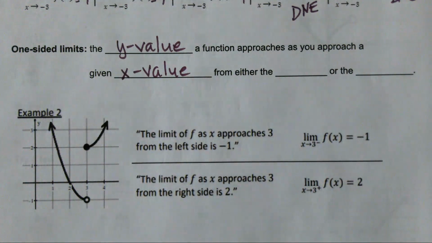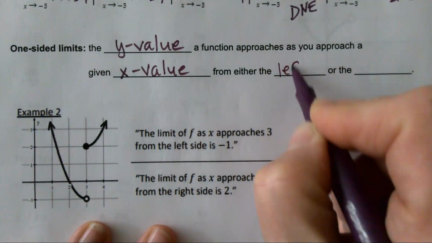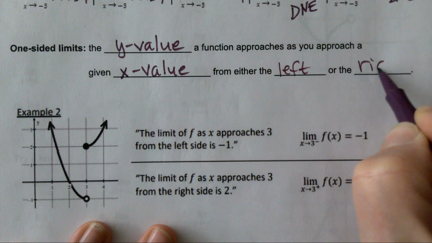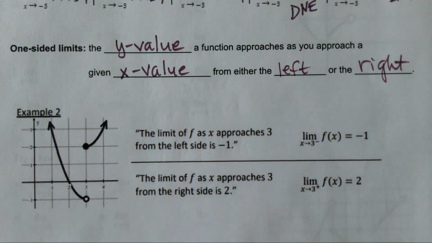And this is from either the left or the right. The one-sided limit doesn't take both into consideration, it takes one. I can have a limit as something approaches from the left-hand side, and a limit as something approaches from the right-hand side, but I might not have a limit in general, okay?